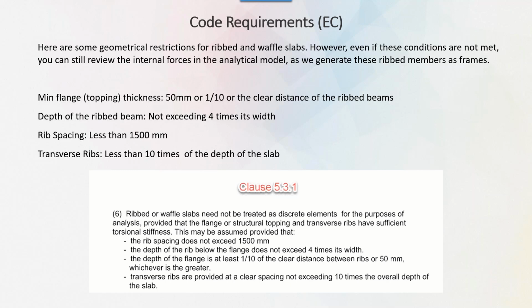Also, transfer ribs will be less than 10 times the depth of the slab. These code clauses are given in Eurocode 2 5.3.1. We will also take these code requirements into our model.